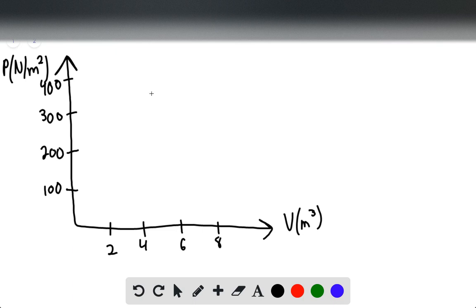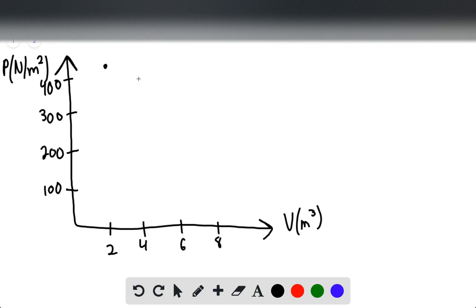So we first have an initial volume of 2 cubic meters, and then initial pressure of 425 Newton per meter squared. So 425 would occur just above 400, so we can just say right here approximately.